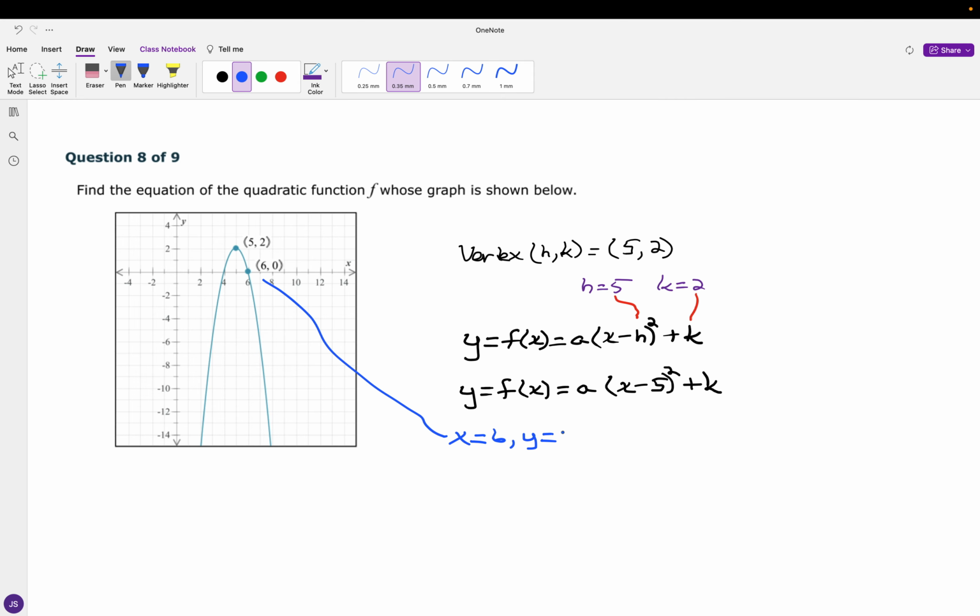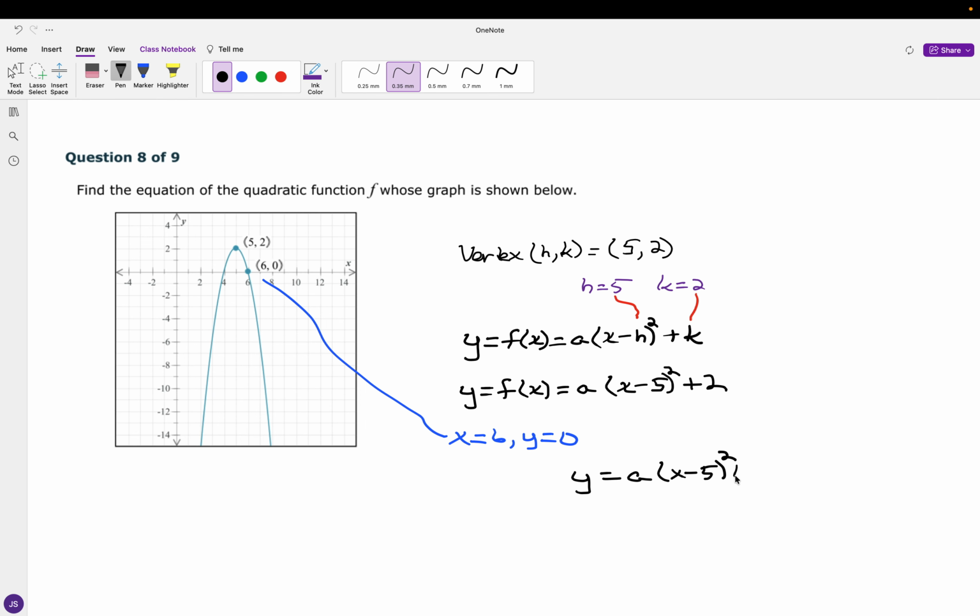If we go back to our previous equation, you've got y is equal to a times the square of x minus 5 plus k, which is plus 2.